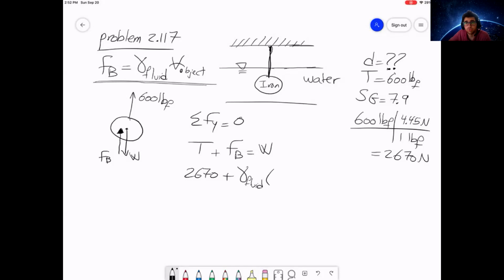It's completely submerged in water. It's a sphere, and the volume of a sphere is 4 pi over 3 times r cubed. That's the volume of the sphere.